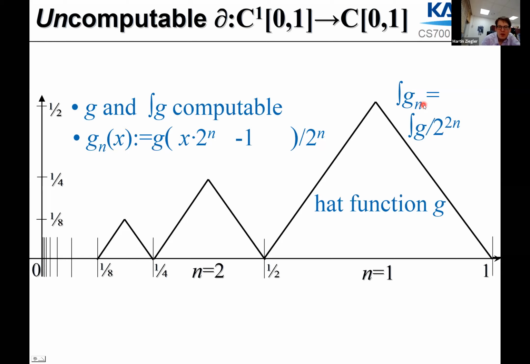And so if we scale both x and y direction, the resulting heads will still have the same Lipschitz constant as the original ones, right? So for instance, this function is constructed to be 1 Lipschitz or 2 Lipschitz, anyway, some constant Lipschitz. And these all have the same Lipschitz constant. And this allows us to put all these functions together into a formal sum, infinitely many functions on this infinitely decreasing sequence of subintervals.